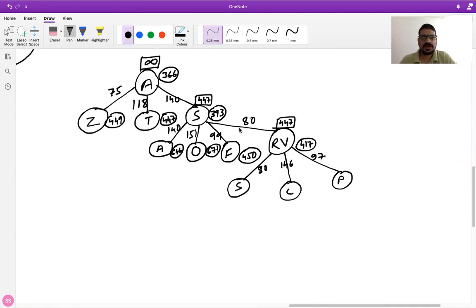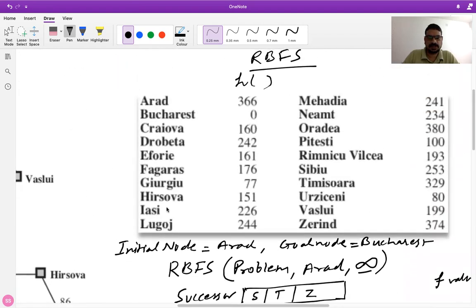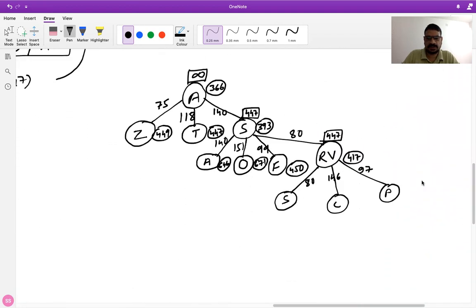It is 140 plus 80, it is 220. 220 plus 80 is 300, right? 300 plus, for Suboi, what is the path cost? The path cost is 253. 300 plus 253 is 553, which is greater than 417. Yes.